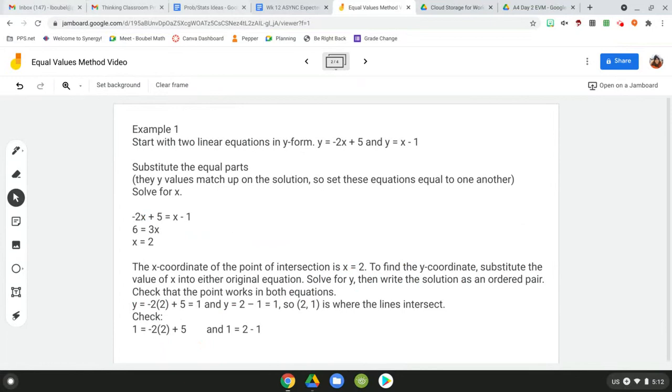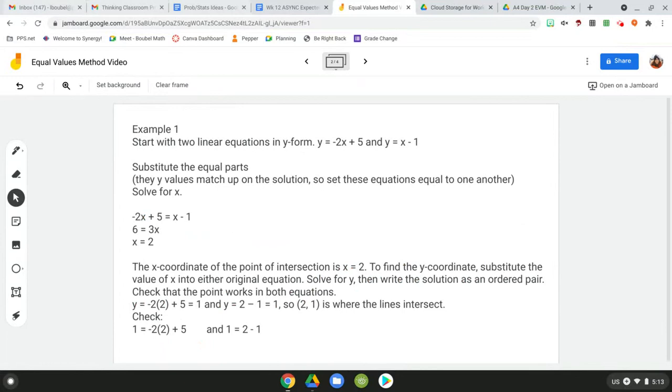Now the very last thing I like to do, to make sure I got the exact right answer, is plug in the x and y values at the end and see if it works out. So 1 should equal negative 2 times 2 plus 5. I put in my 1 for y and my 2 for x: 1 equals negative 4 plus 5.